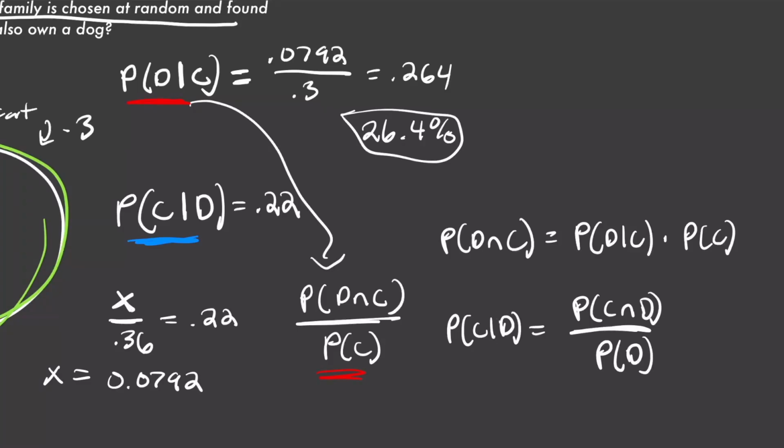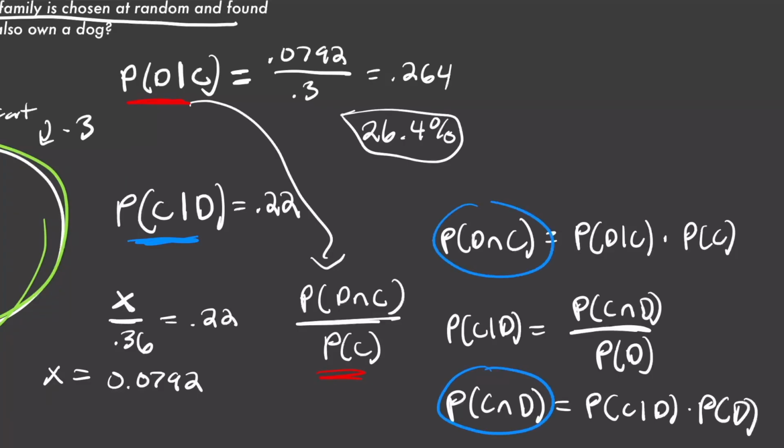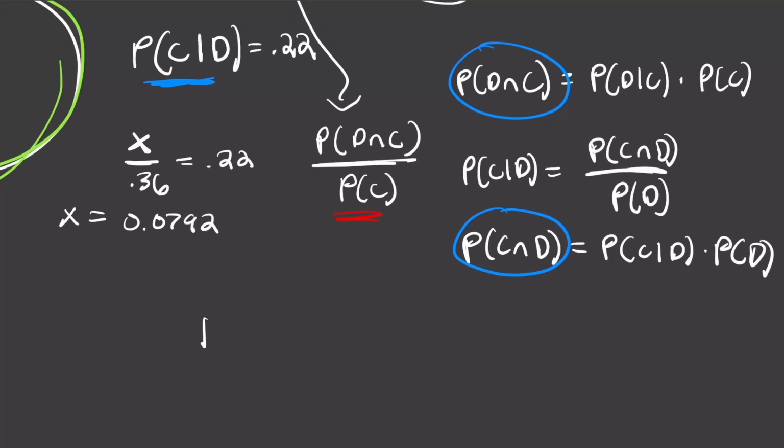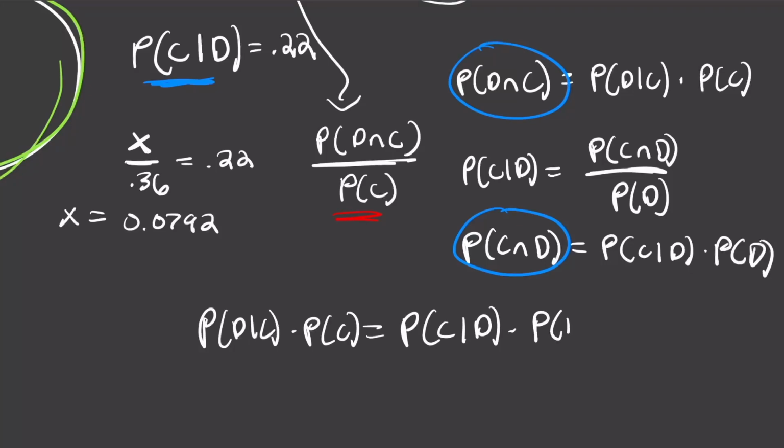Again, we can rearrange this equation and get the probability of C intersection D is equal to the probability of C given D times the probability of D. These two terms are obviously the exact same thing, so we can set them equal to each other. Then the probability of D given C times the probability of C is equal to the probability of C given D times the probability of D.